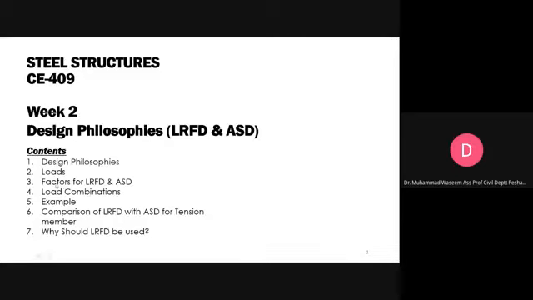Then we will return to the design philosophies and introduce the factors used by the two different philosophies. Then we will see the different load combinations, and go through an example of how to use these load combinations with the two distinct design philosophies.